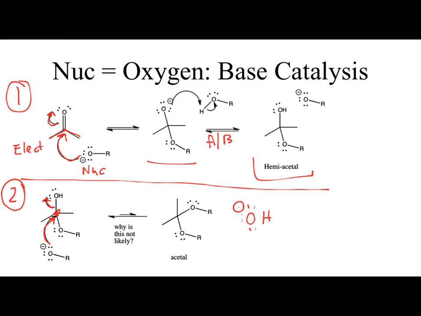Okay? You'll notice that I then ask a question up there. Why is this not a very likely step? So we've got a bunch of possible answers for this. I heard probably the primary one. Sterics. What type of mechanism is this really undergoing? It's a little bit trickier. It's a substitution. What type of substitution?